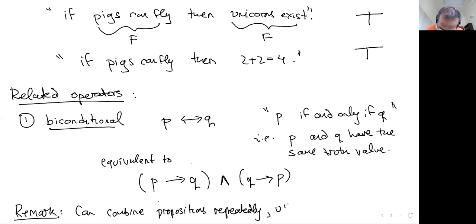So you need to use parentheses to clarify order. I've given you a bunch of operations and they apply to any proposition. So you can apply them one after another to get interesting ones that look like this. And we'll say why it's equivalent in a moment and even what equivalent means. So that's the biconditional.